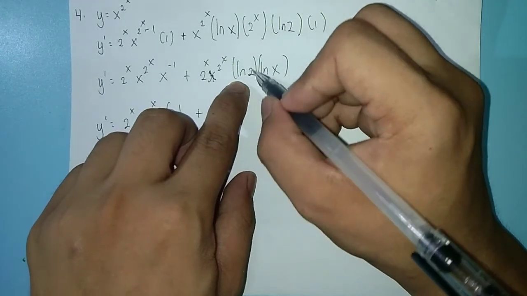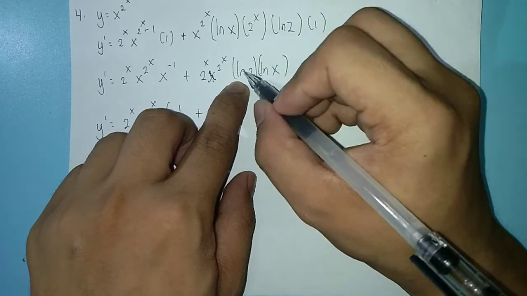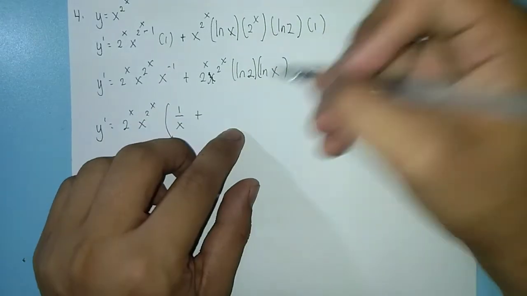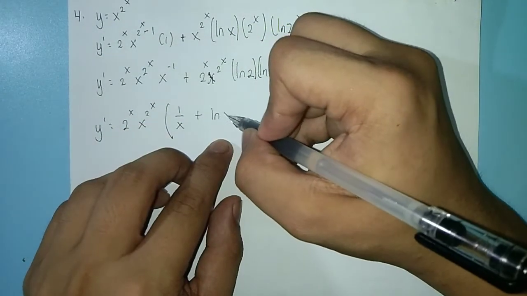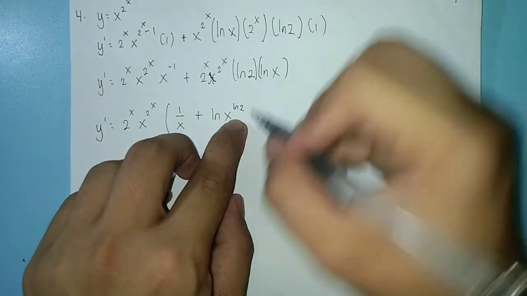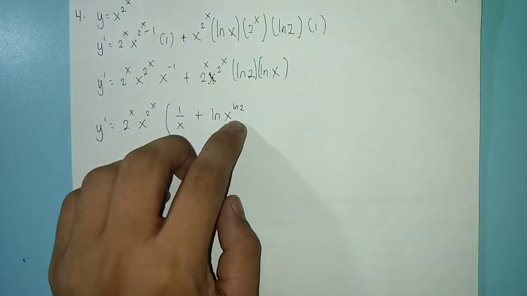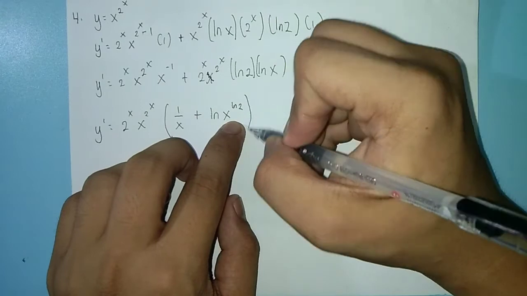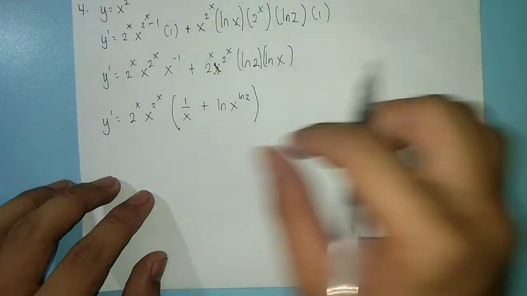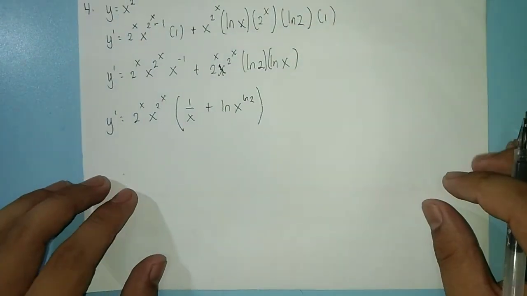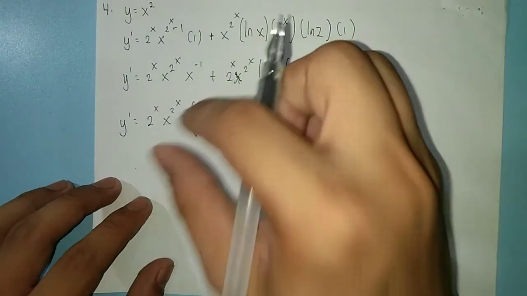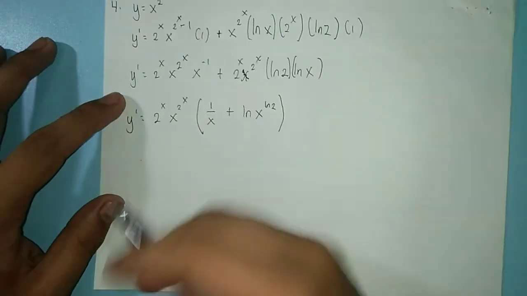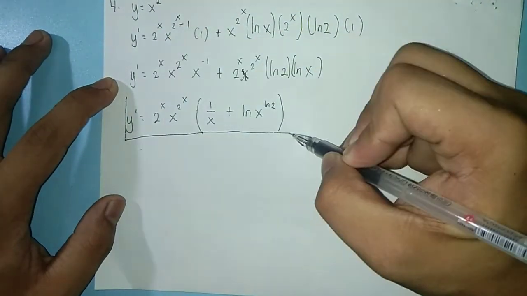Pero, pwede naman natin siyang gawin exponent ng x yung ln 2. So, magiging ln x raised to ln 2 by property of logarithm. Okay? So, ganyan na siya. So, mas simplified siya or mas mukha siyang simplified kapag naka-factor out tong dalawa. Okay, so this will be our final answer.